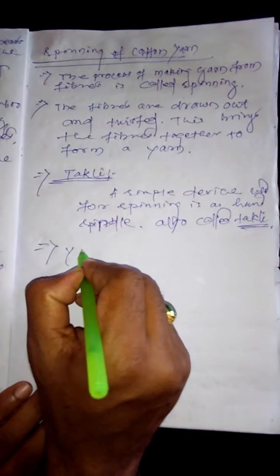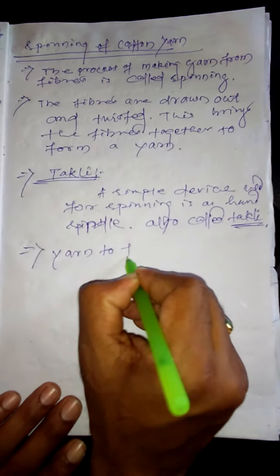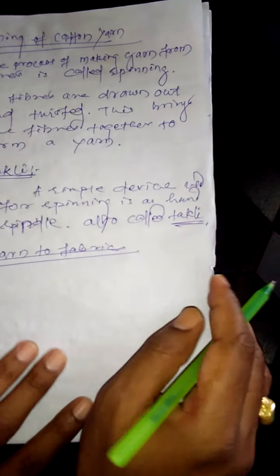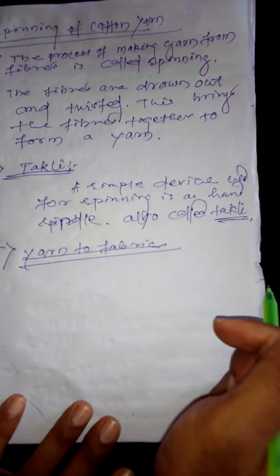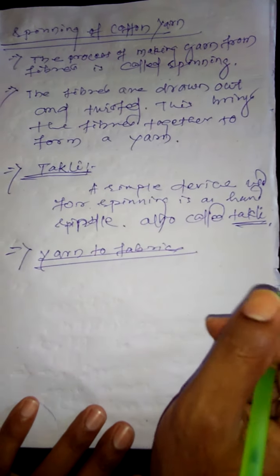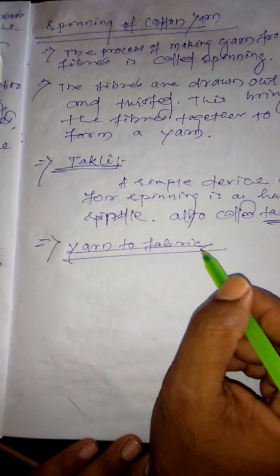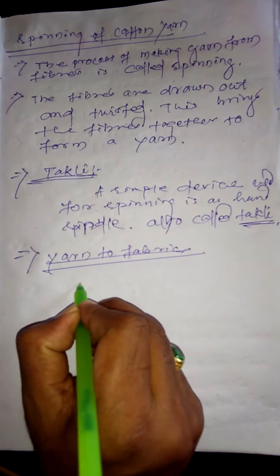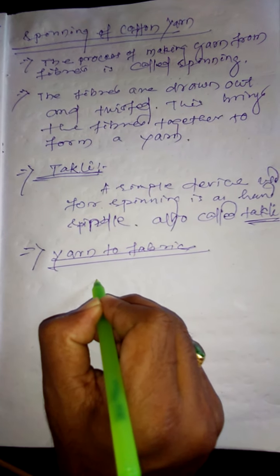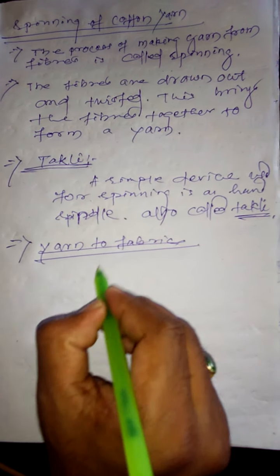We are going to discuss yarn to fabric. Here there are many ways by which fabrics are made from yarn. Various steps are there. The two main processes are weaving and knitting.